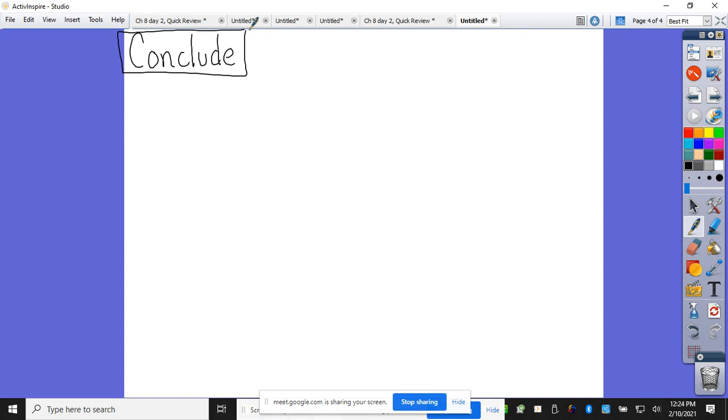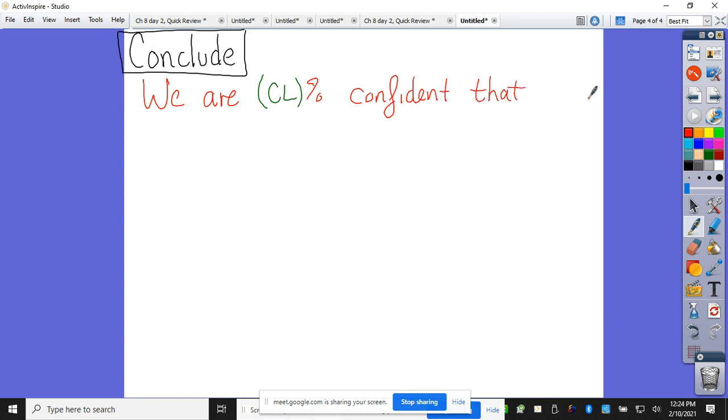So, conclude is our exact same sentence from our interpret, and interpret the confidence interval, not the confidence level. So we are confidence level percent confident that, specifically right now, we can build different parameters.